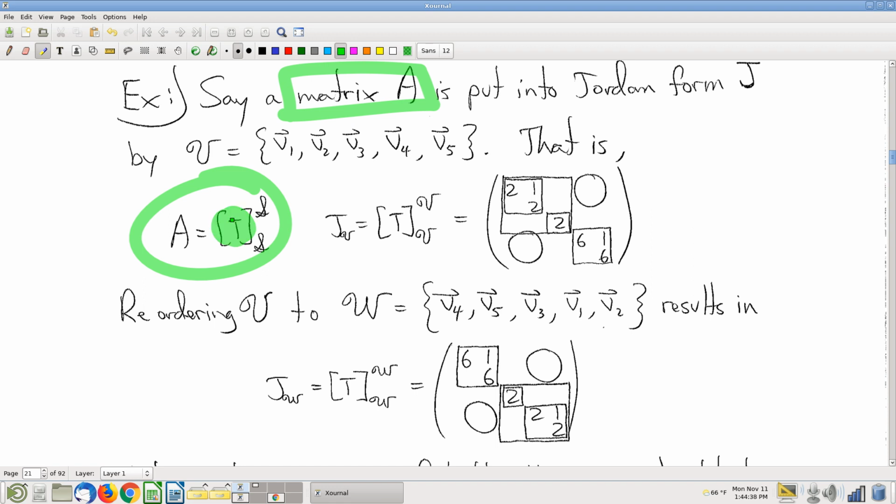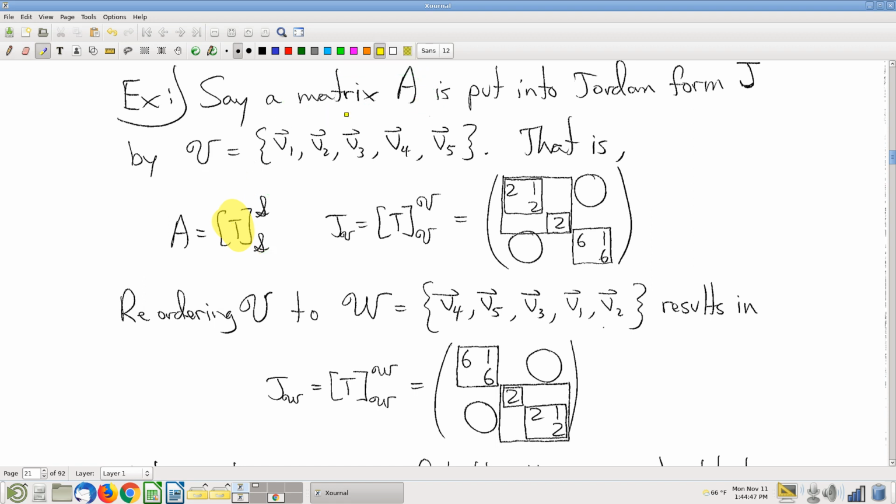I'd like to be able to talk about this underlying linear transformation in different languages, using different bases, of course. So same linear transformation. That's not going to change for any of the discussion in this example. We're always going to be looking at this same underlying linear transformation.